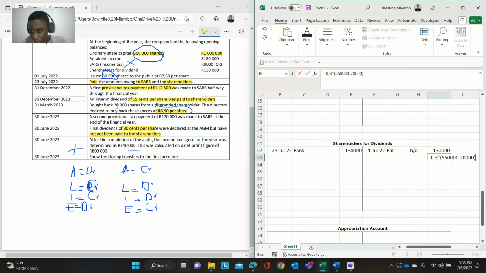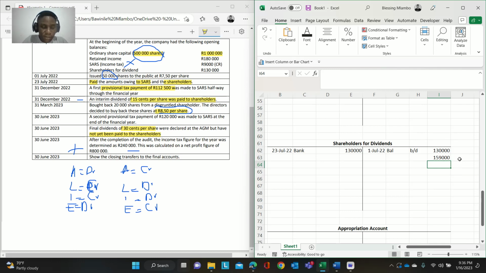So the number of shares in issue at the end of this financial year, which will receive this 30 cent dividend, is 530,000. So a dividend of 159,000 was declared.